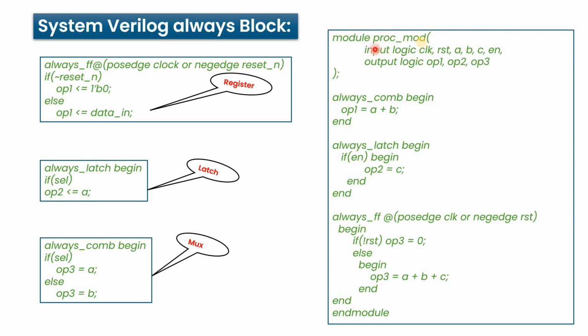And then here comes our top level module where we are going to use these. This is a plus b, the addition, then we have our latch, and this third block is a flip-flop.